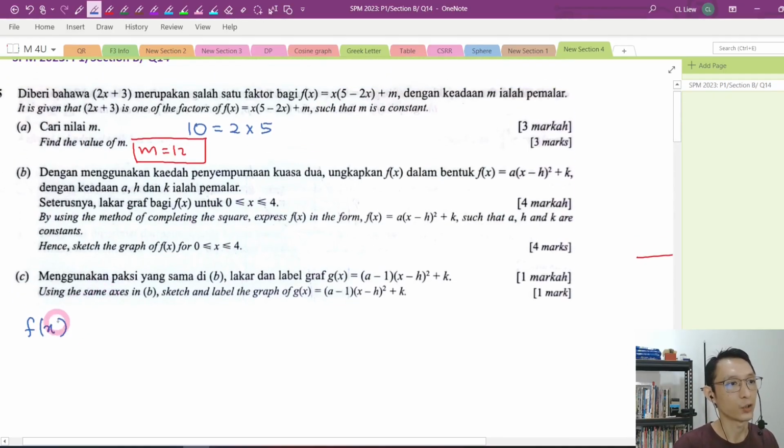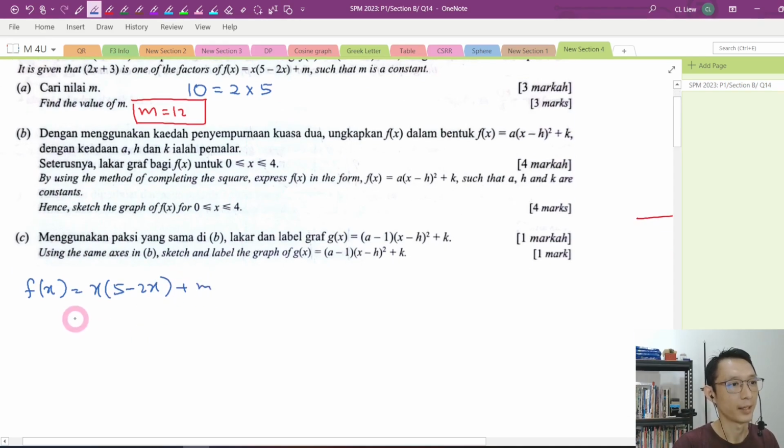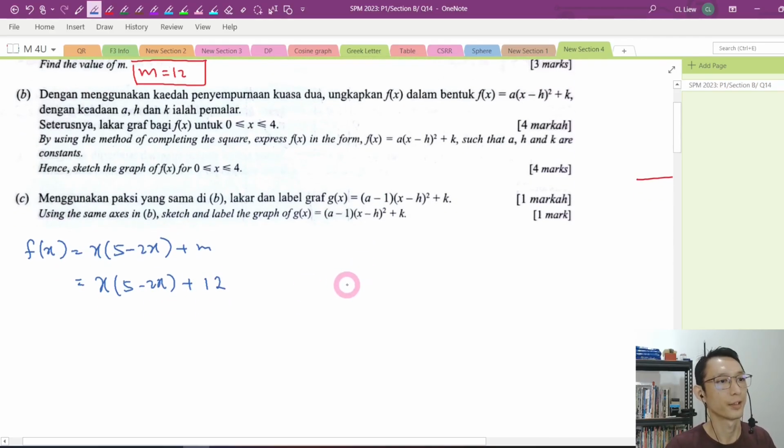F of x is equal to x times 5 minus 2x plus m, and m is equal to 12. And this is 5x minus 2x squared plus 12.